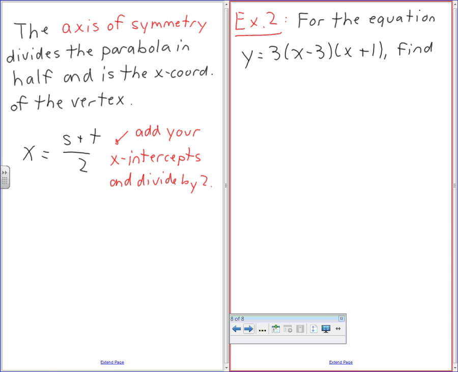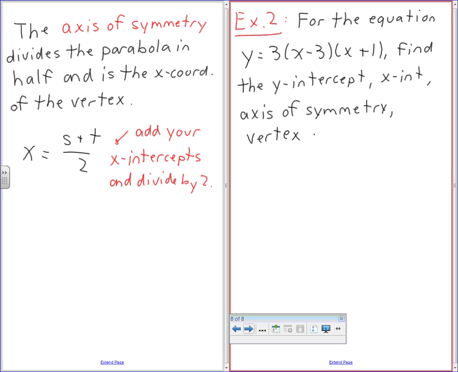Find the y-intercept, the x-intercept, axis of symmetry, vertex, and graph it.